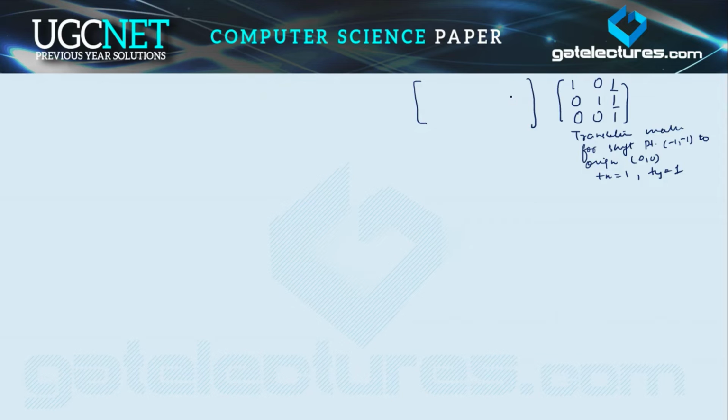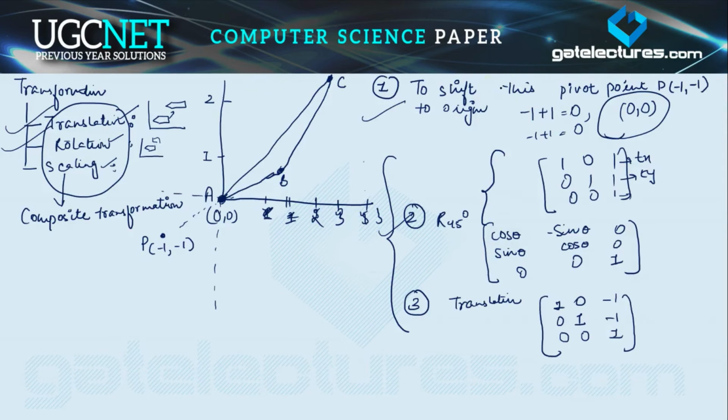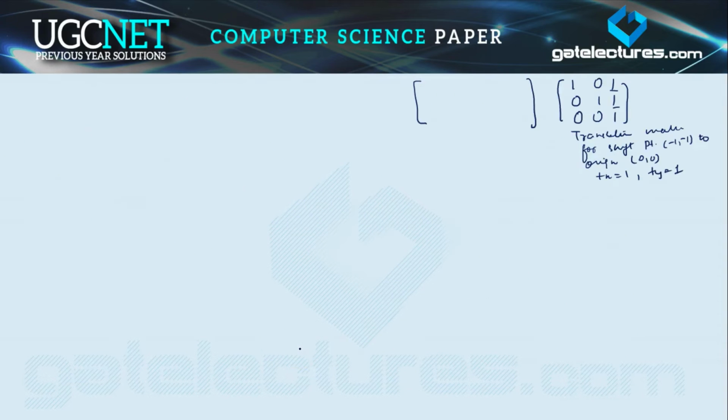Now that you know that this is a cos theta, excuse me. So in our case theta is 45 degree: cos 45 degree, sin 45 degree, cos 45 degree and sin 45 degree. Now you know that cos 45 degree is equal to 1 by √2 and sin 45 degree is also 1 by √2. Right, now I'm just applying the value directly.